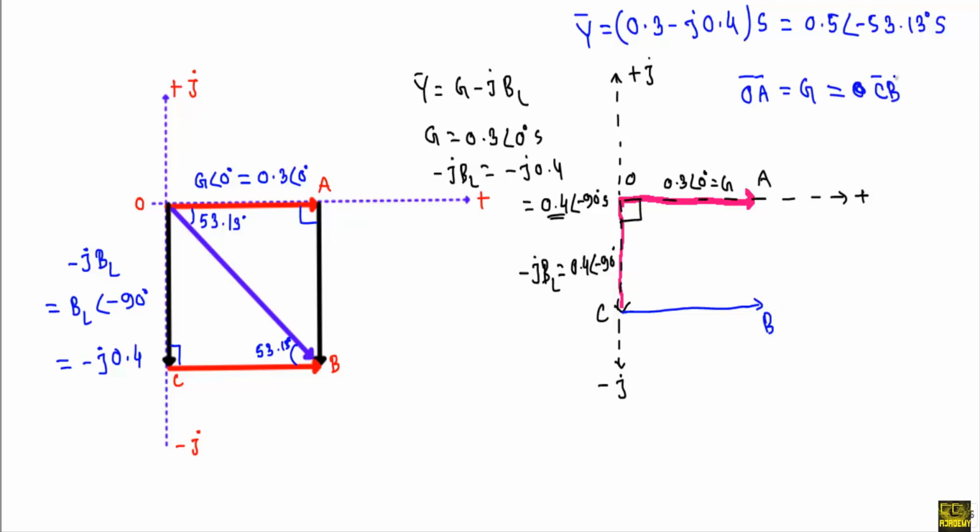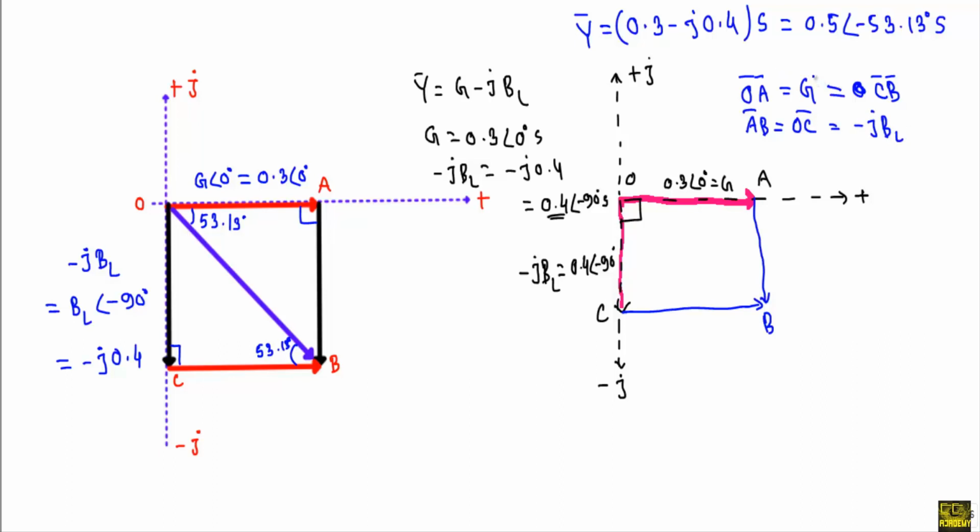I can draw another equal vector from this point. Let's say that will be AB. AB will be equal vector of OC equal to minus jBL.